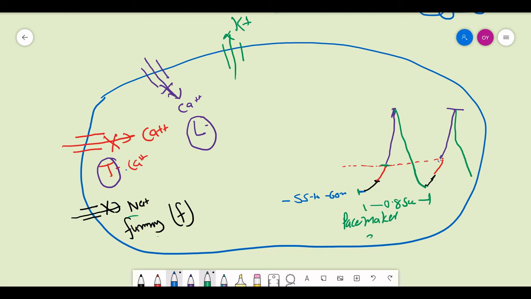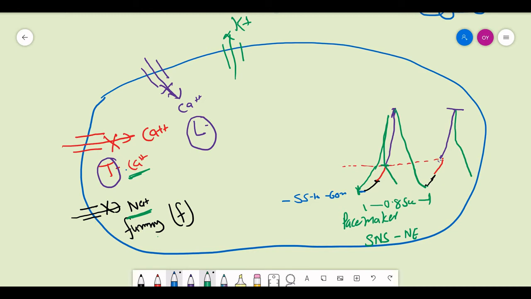When the sympathetic nervous system is activated, it releases norepinephrine, which works on a receptor on the SA node and increases the permeability of this sodium channel and this calcium channel. So more sodium and calcium will enter, the membrane potential will reach the threshold more quickly, and the frequency of action potential will increase.